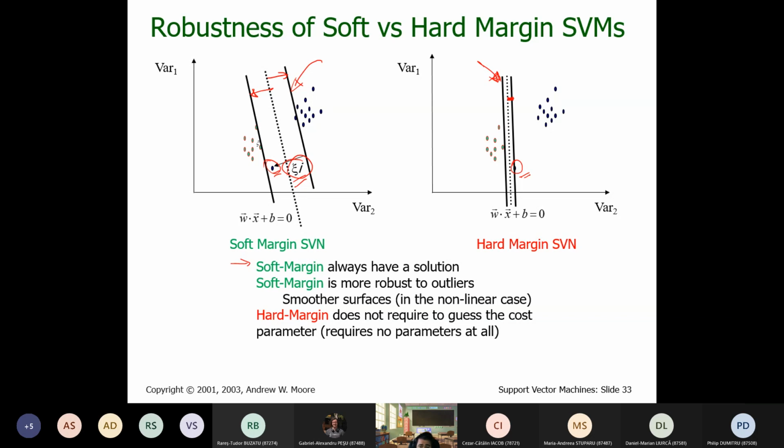But at the same time, it requires identifying the value of C, which we don't know how to evaluate. On the other hand, hard margin SVM doesn't require guessing the value of C at all, but will generate classifiers that are not so robust.